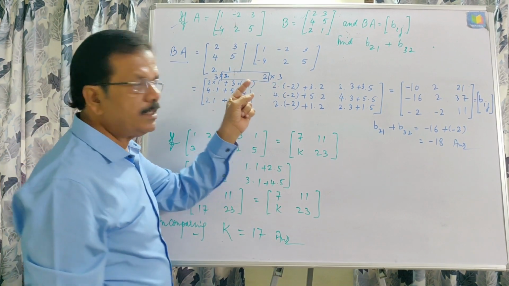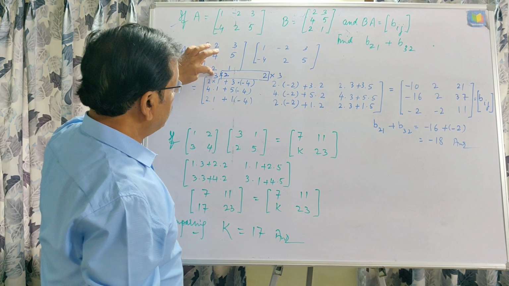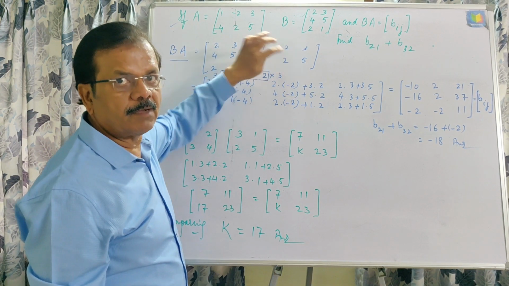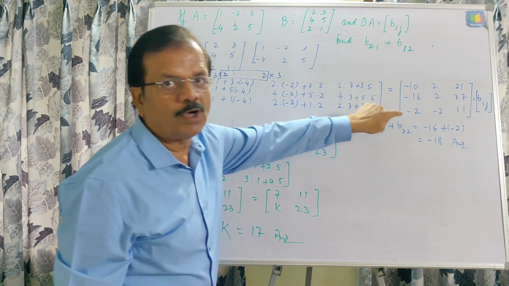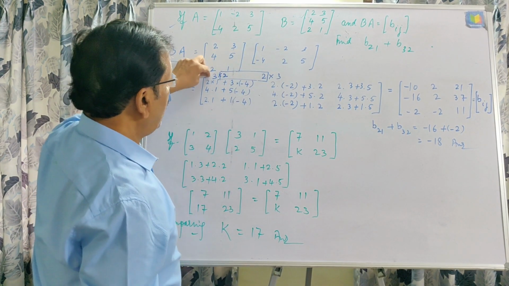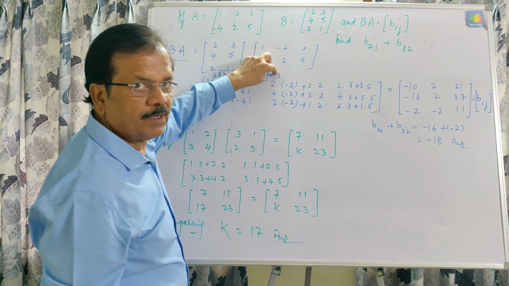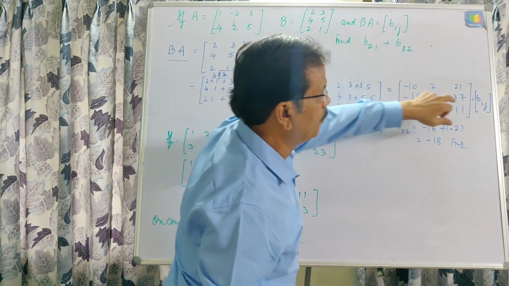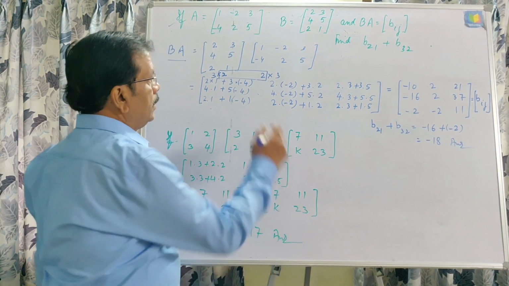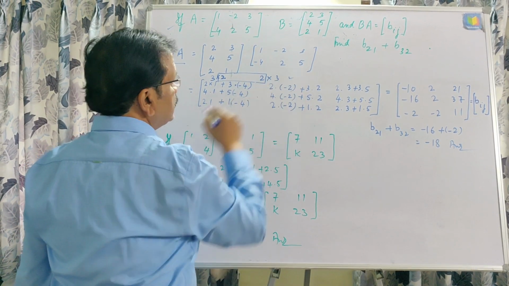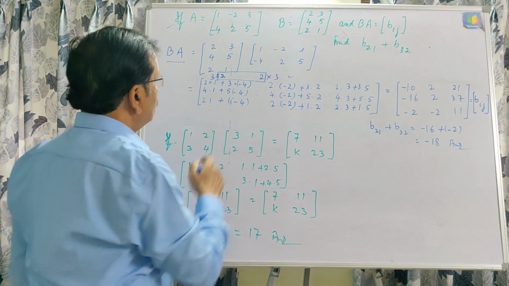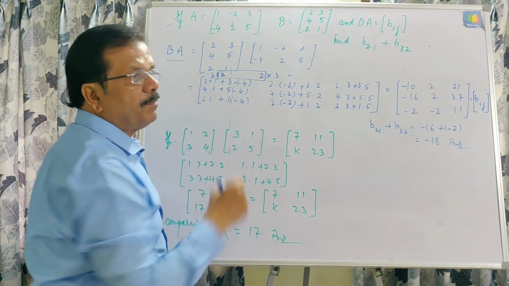After multiplication, the order should be 3 cross 3, meaning the number of rows of the first one is taken as the number of rows of the answer, and the number of columns of the second one is taken as the number of columns in the answer.